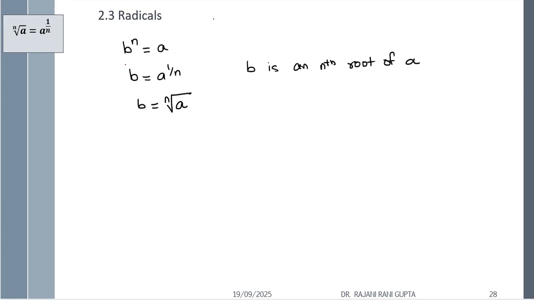When we express it in this form, we call this a radical, where n, which is this term, is called the index, a is called the radicand, and this root sign is called the radical. So it's like expressing it in the form of a root. We call it a radical.